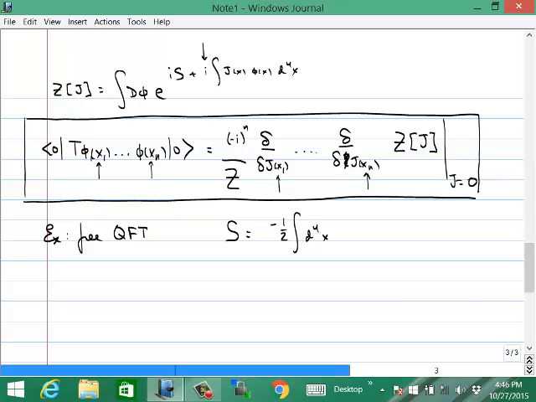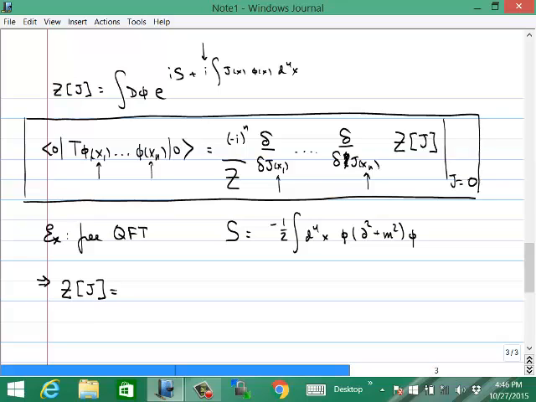But just to make things a little bit easier, I'm actually going to integrate that action by parts. You can always write d mu phi as a total derivative times phi d mu phi. I'm going to do that just in order to make everything look a little bit more symmetric.